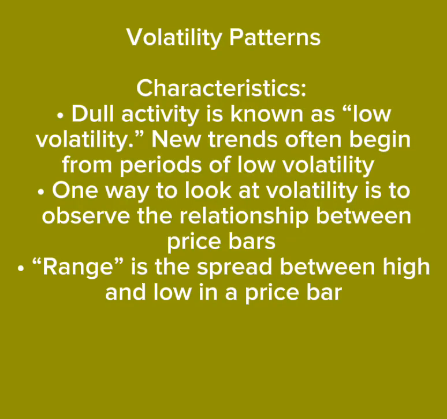Volatility patterns. Characteristics. Dull activity is known as low volatility. New trends often begin from periods of low volatility. One way to look at volatility is to observe the relationship between price bars. Range is the spread between high and low in a price bar.